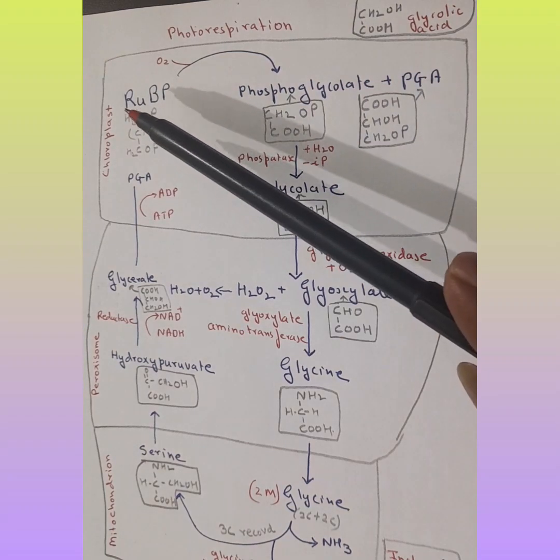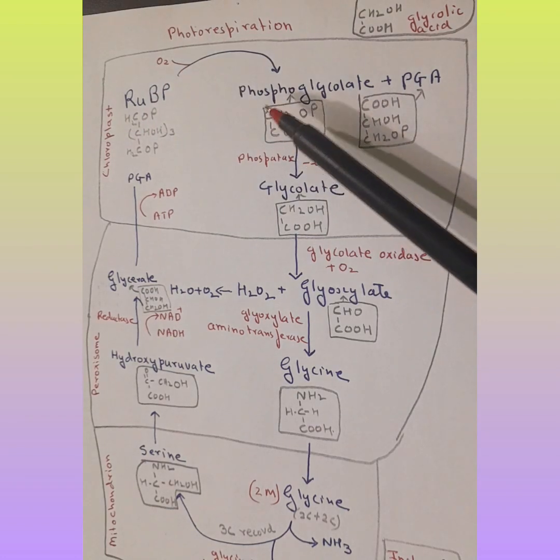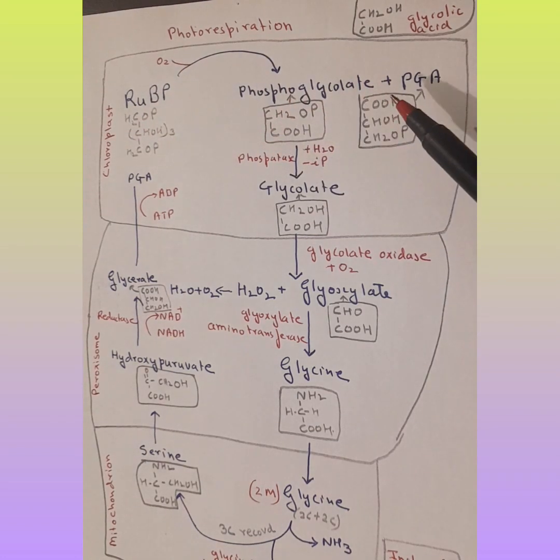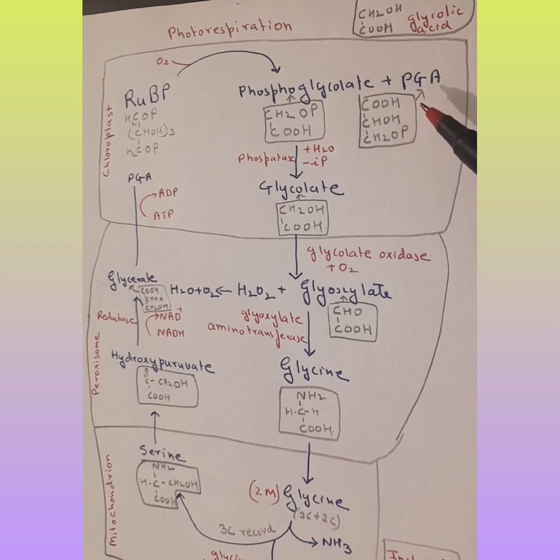We know this is a 5 carbon molecule. That 5 carbon molecule splits into a 2 carbon and a 3 carbon molecule. The 3 carbon molecule is PGA, used in the Calvin cycle.